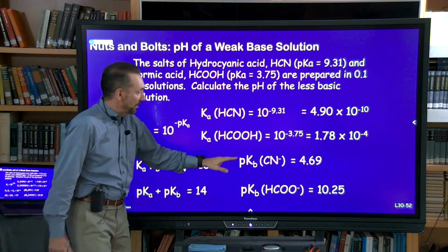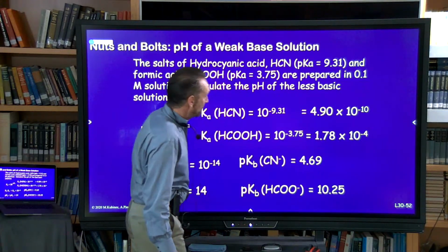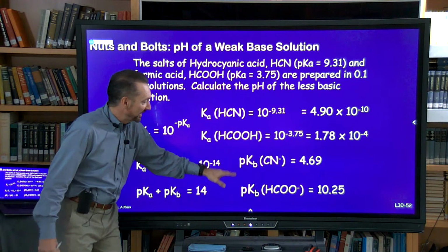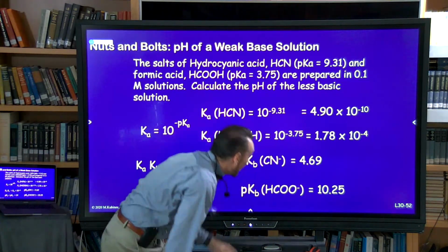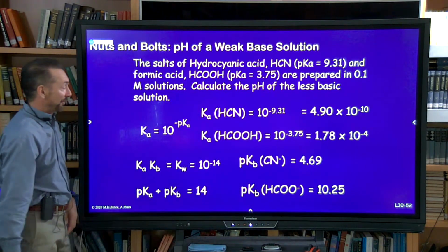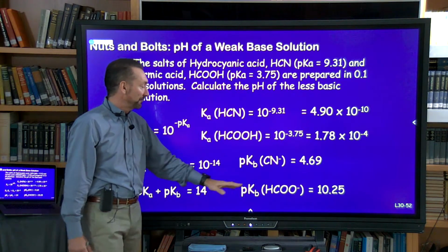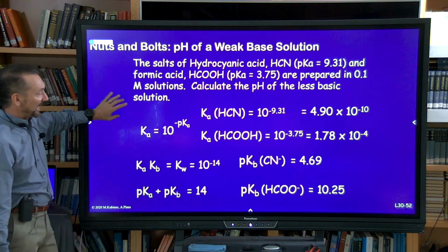So the CN minus is the better base. So it has the smaller pKb, and we would have expected that because we saw the relative conjugate acid strengths. So the less basic solution comes from the worse base, in this case, the formic acid solution.